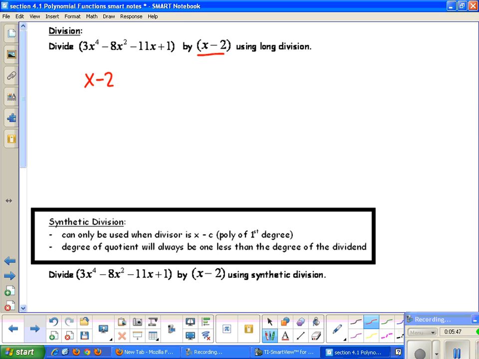But before we do that, if I look at this equation here, I always have to make sure it is in standard form with the highest power first, and if I'm missing any zero placeholders, I want to make sure to put those in. Notice that the zero placeholders mean if you're missing any of the terms with the x to some power. So I have 3x to the fourth, and then I don't have an x to the third, so I need a zero placeholder.